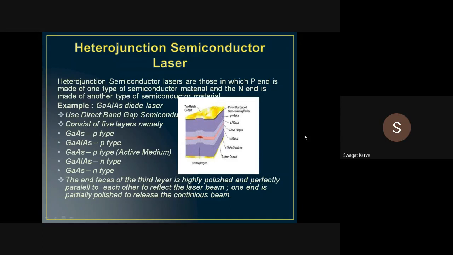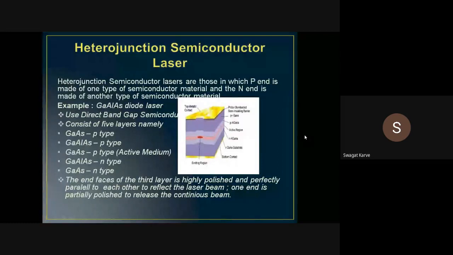Now here, in two different regions such stimulated emission happens, and that combinedly forms the laser beam. So obviously, the intensity of the laser in case of heterojunction semiconductor laser is always greater than the homojunction semiconductor laser.